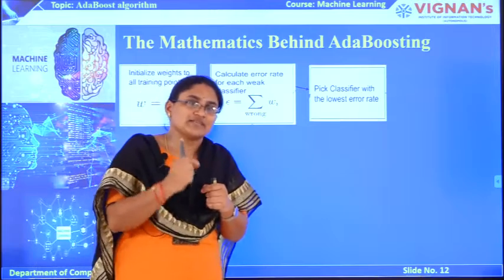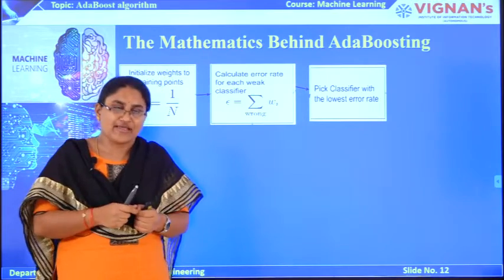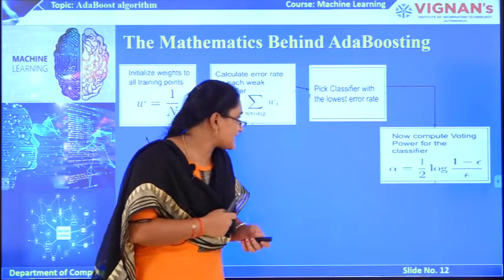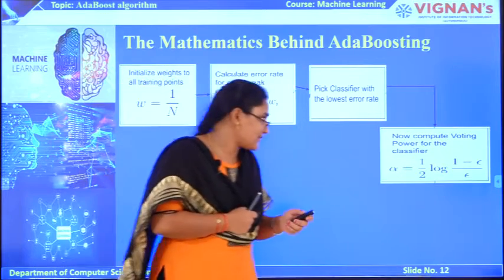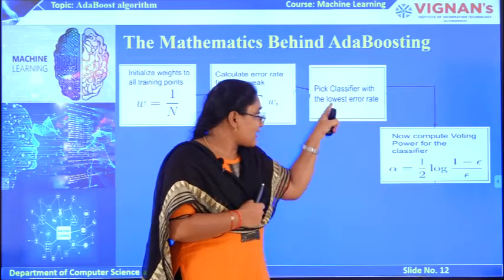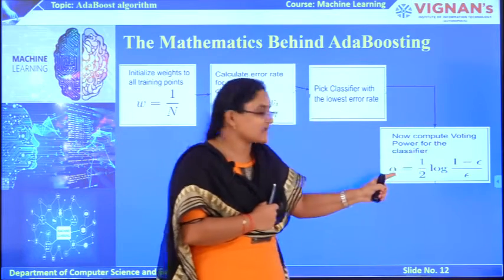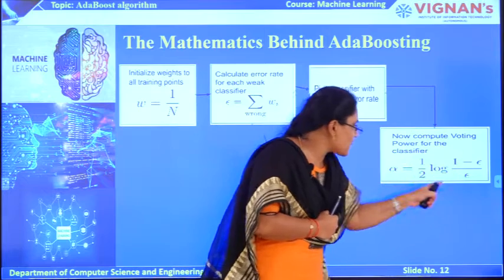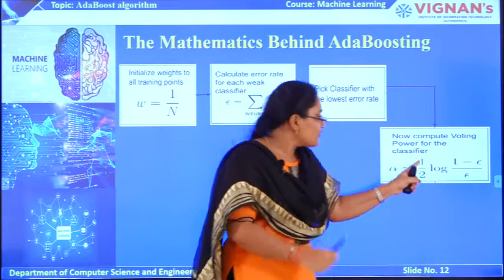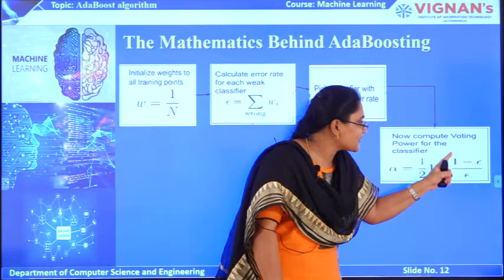Why? Because we perform the voting power on the classifier with the lowest error rate. After selecting it, we compute the voting power for that classifier using the formula alpha is equal to 1 by 2 log of (1 minus epsilon) by epsilon.